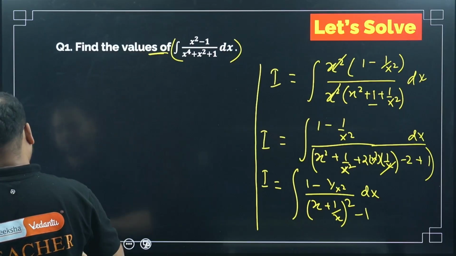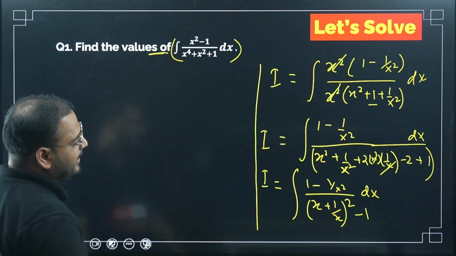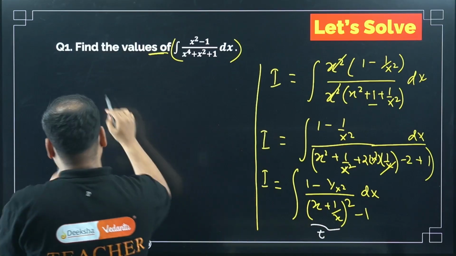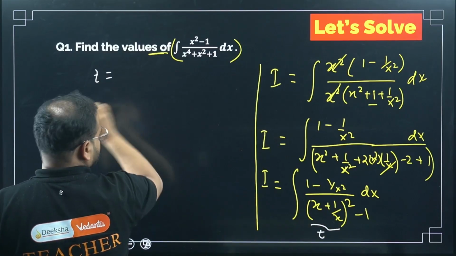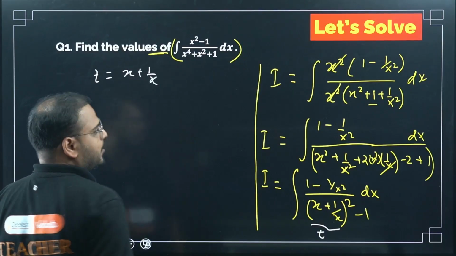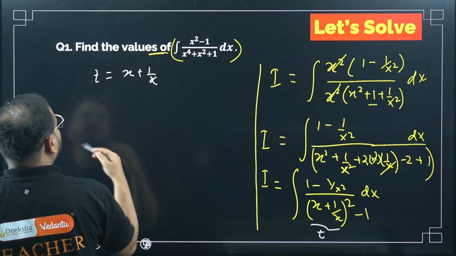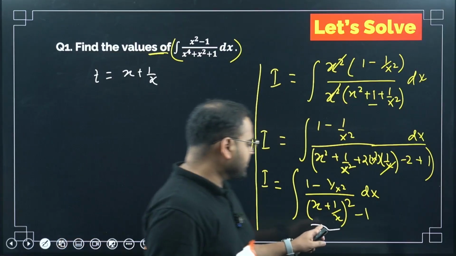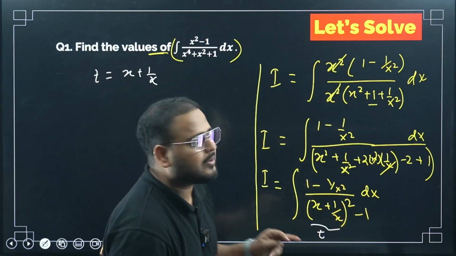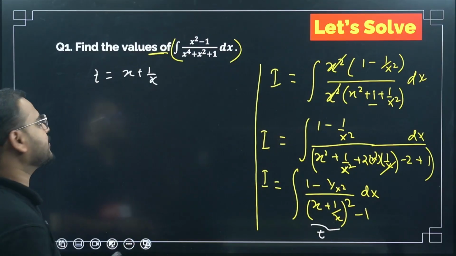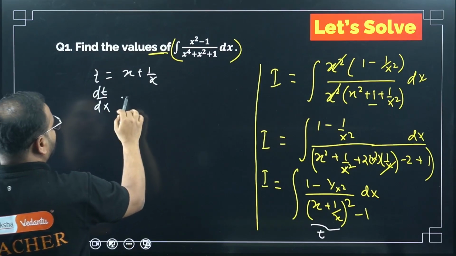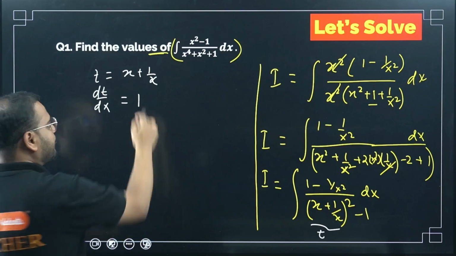Let's check here. I'm going to use substitution directly now. So if I take this as a variable t, can I do that? Please check. x plus 1 by x, if I take this as t, okay, differentiate it. Why differentiating, sir? Because if I'm changing this to t, I have to change dx to dt, and how can I get dt from dx from t? I have to differentiate t with respect to x, so I'll get what? dt by dx equals 1, x is 1, and for 1 by x what I'll have?